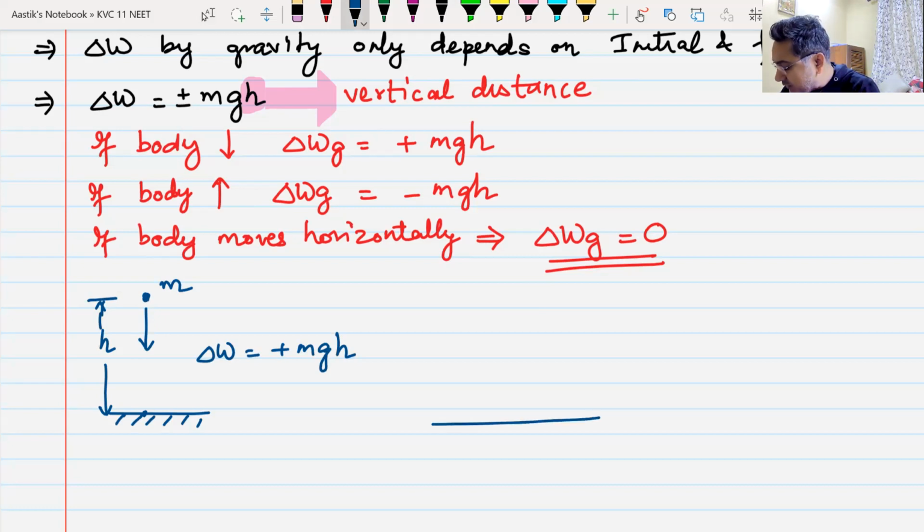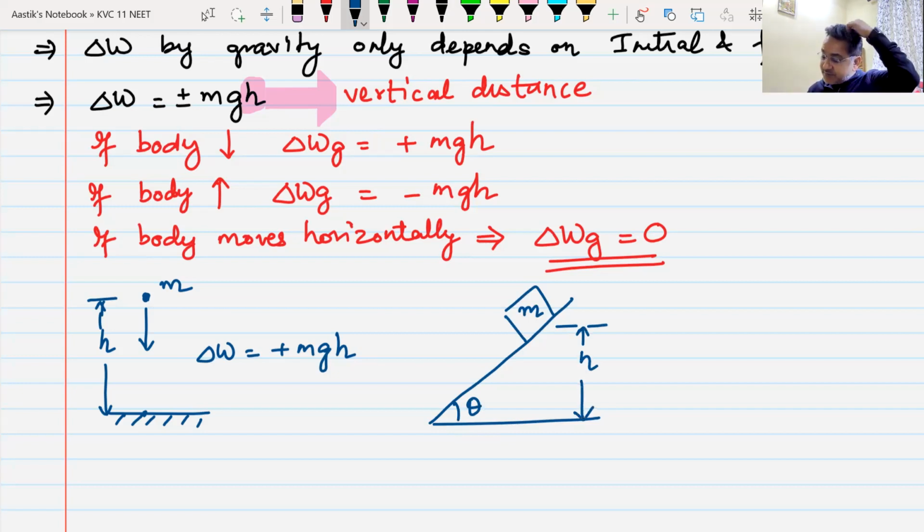Whether it moves like this or it moves like this, it is kept on an inclined platform. This angle is theta. It goes down and it goes through a height h. It comes down here on this path.